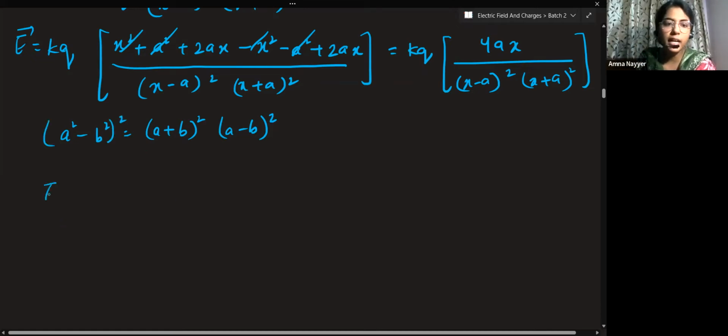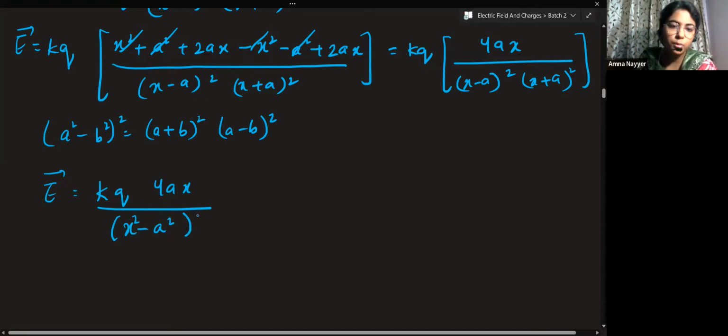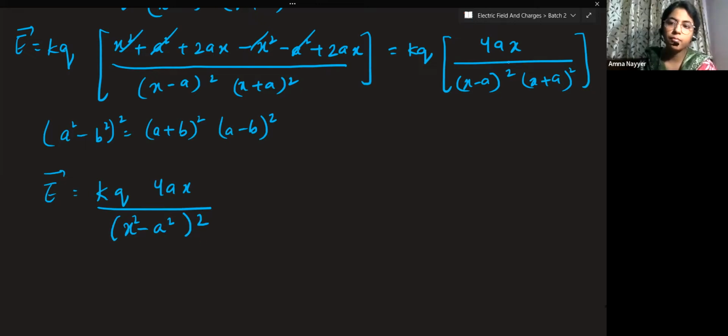So you can write your resultant electric field as KQ 4ax divided by (a plus b) whole square times (a minus b) whole square, which is (a square minus b square) whole square. This becomes (x square minus a square) whole square. Is this clear how I have written this?